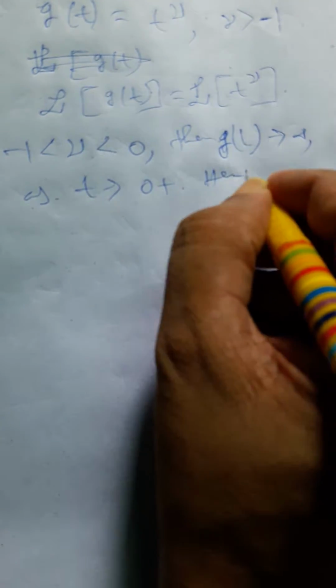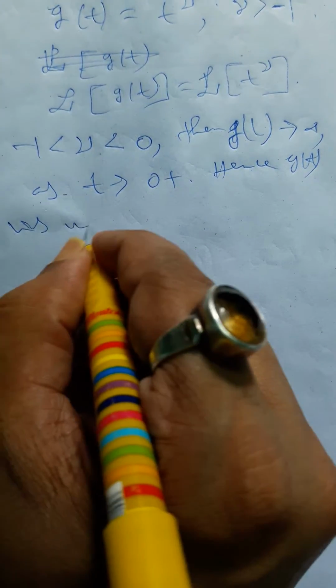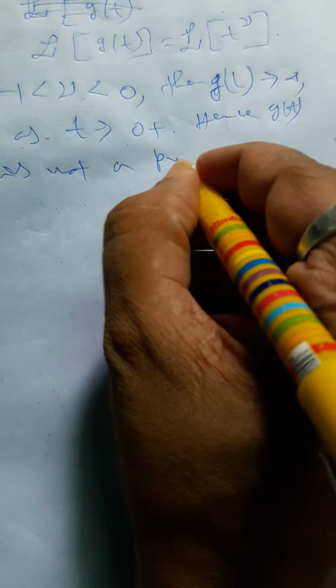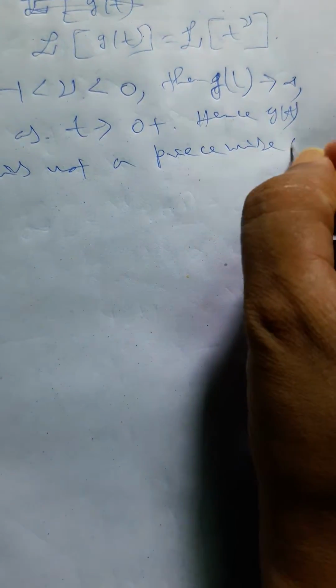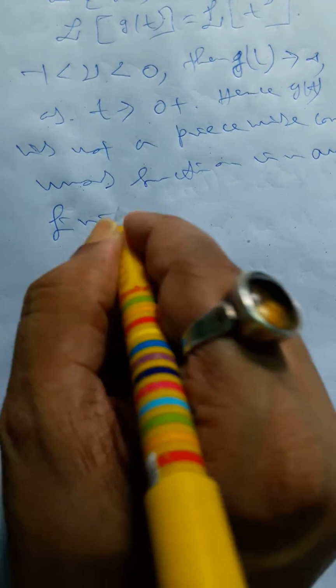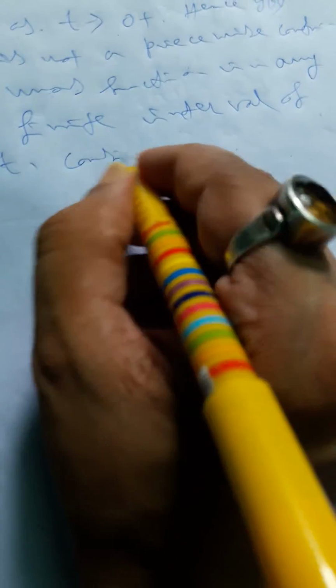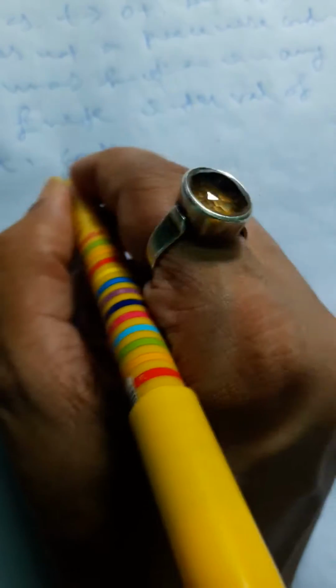Hence g(t) is not a piecewise continuous function in any finite interval of t. So the conditions of existence of the Laplace transform get violated.